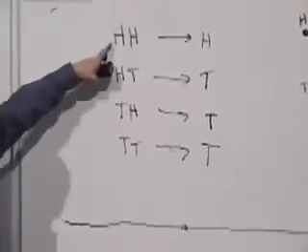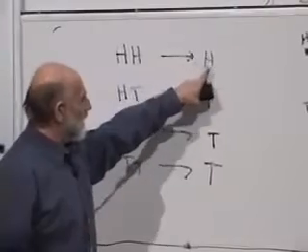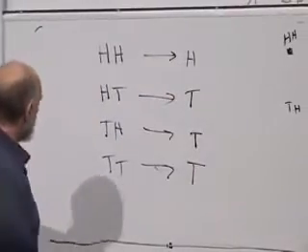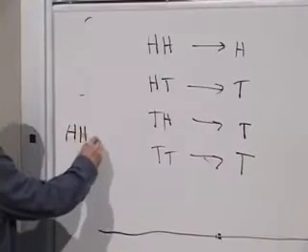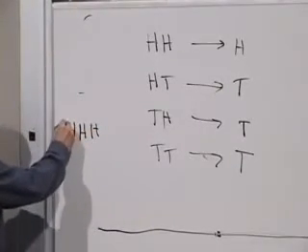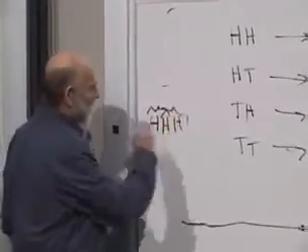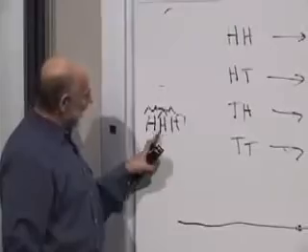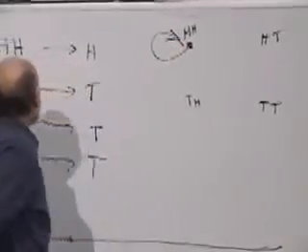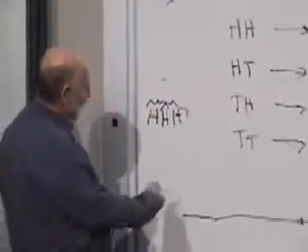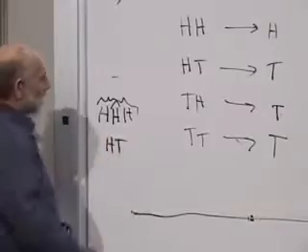Now, supposing you go from heads, heads to heads, heads. You go from heads, heads to heads, heads. Now, if you start with heads, tails, where do you go?